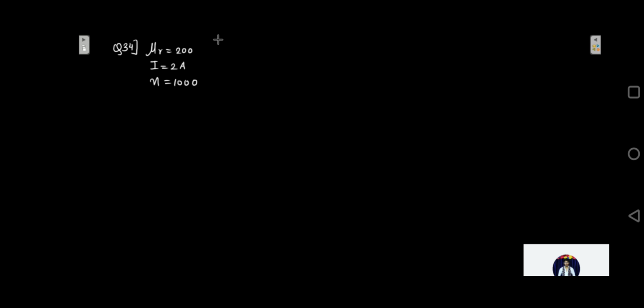Magnetizing field intensity is given by H is equal to the ampere turns, N into I, number of ampere turns. That is going to be 1000 into current 2, that is going to be 2000 ampere per meter. This is going to be the magnetizing field intensity. Second one is magnetization and field inside the solenoid.